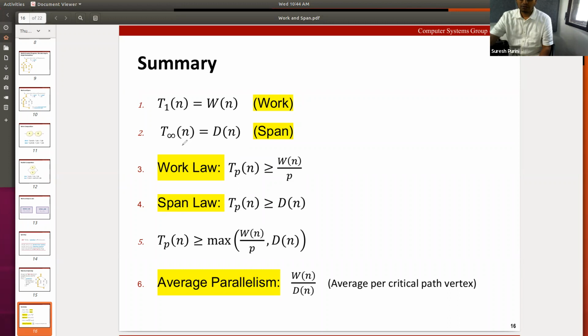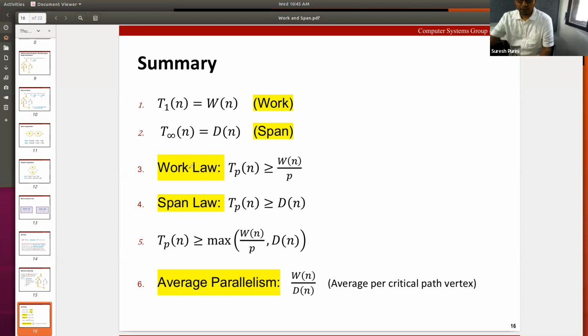Even if you employ infinite processors, we need at least this much time, and that's what T infinity stands for. The work law states that if you employ P processors, the time taken gives a lower bound. So this gives a lower bound on the time taken to execute the DAG using P processors, and the span law gives a different kind of lower bound.